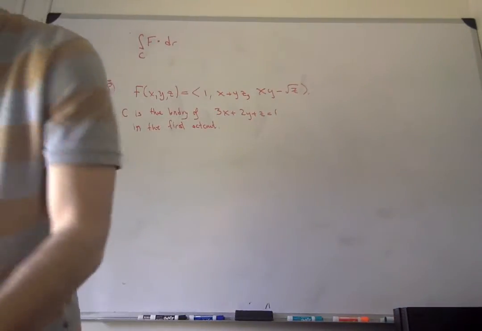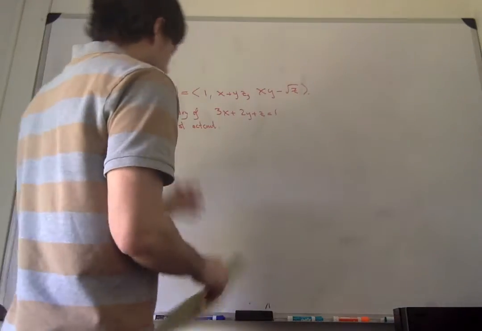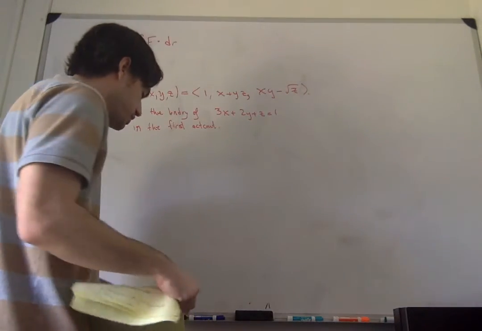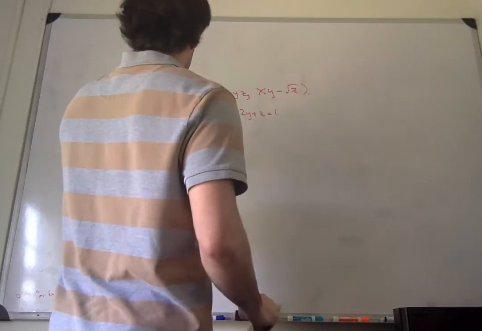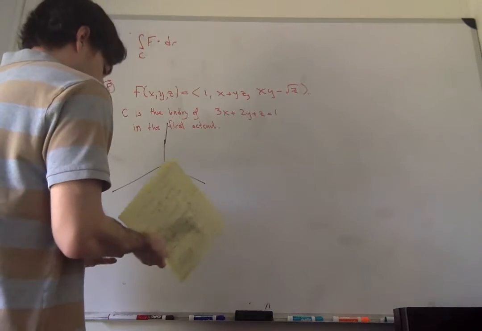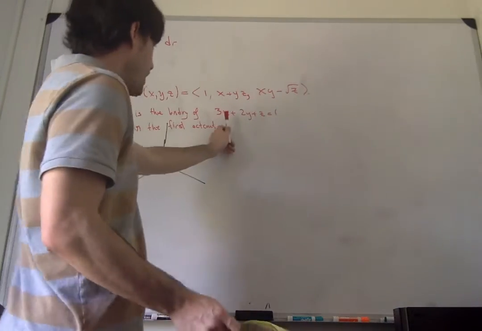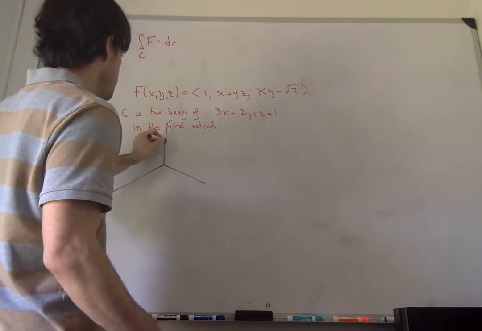Okay, I think it helps if we first draw what's going on. If I set x and y to 0, this tells me that z equals 1.